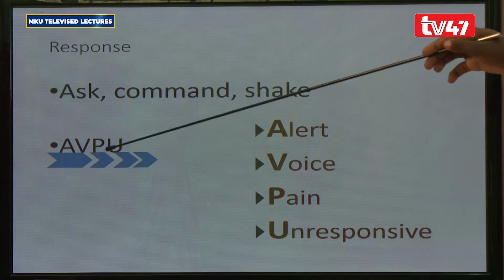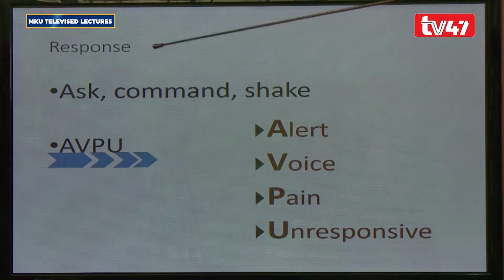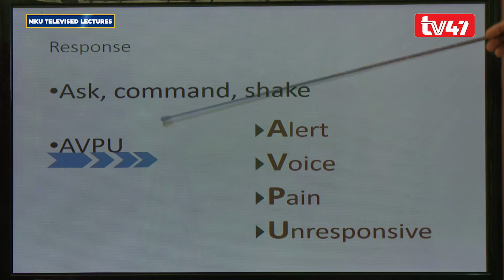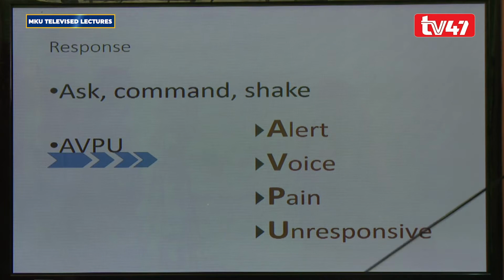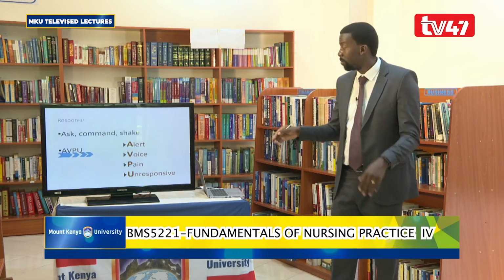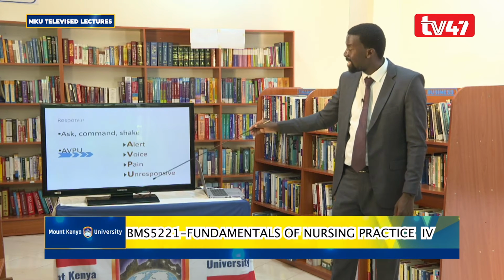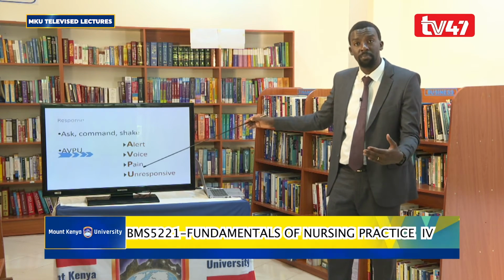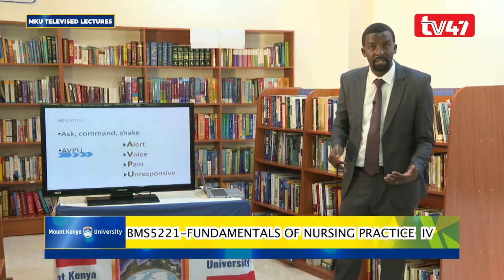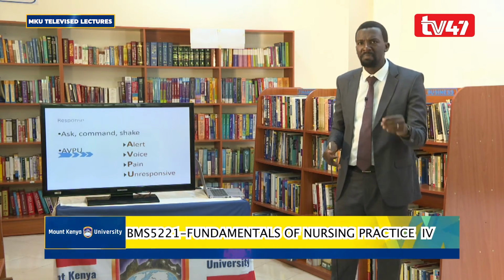So when you think about response, as we've mentioned before, AVPU is our directive, and it serves as a way of alerting you. First you assess how alert the patient is. Can they respond to voice commands, voice prompts? Are they responsive to pain stimuli? And pain doesn't mean you have to prick them.